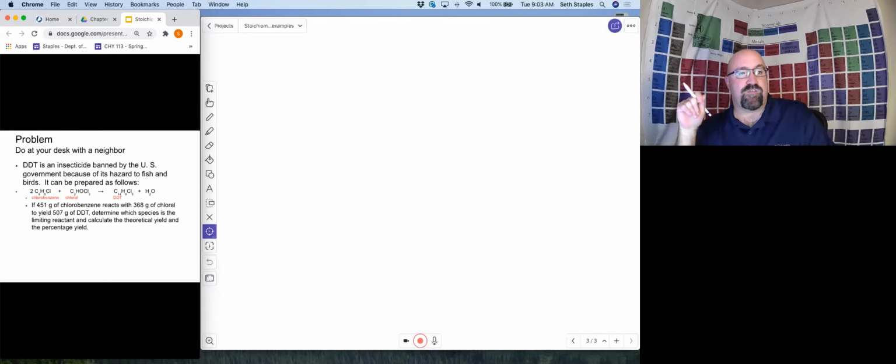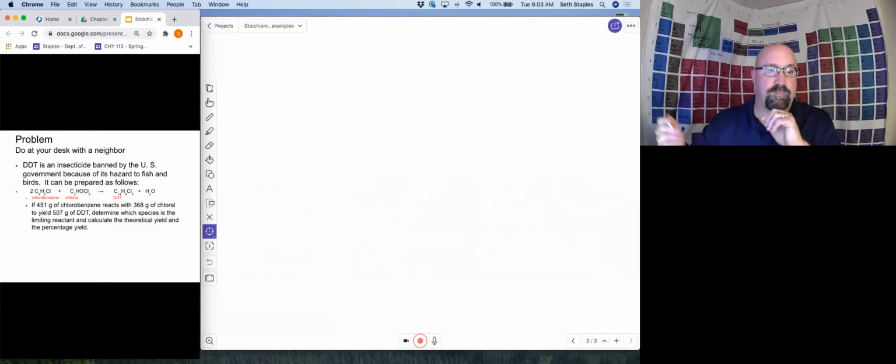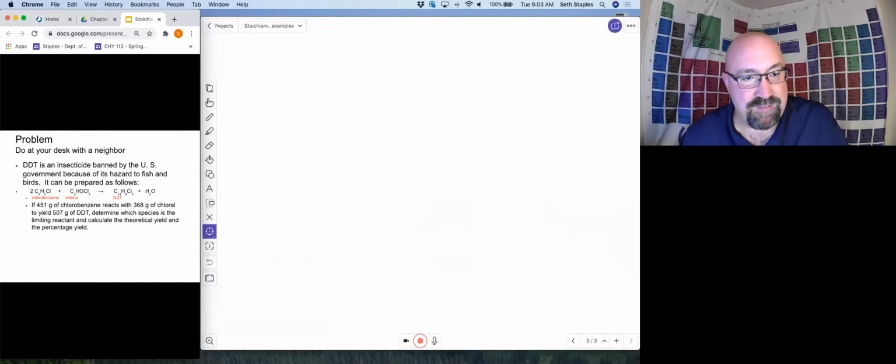And so for this question, I'm going to go ahead and use the table problem solving technique. And so we're given the balanced equation now for this one. We don't have to balance it. It is already balanced for us.